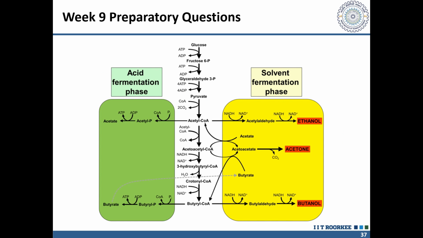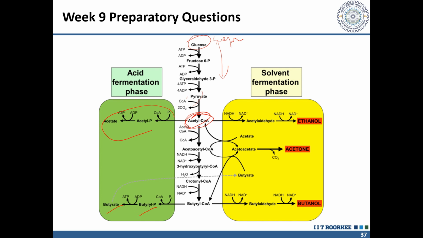This is a typical diagram for the acid fermentation phase and solvent fermentation phase. Glucose or sugars or any type of carbohydrate is used as a raw material, and it is converted to pyruvate and acetyl coenzyme A. This is then used to convert it into acetate and acetyl or the butyrates.